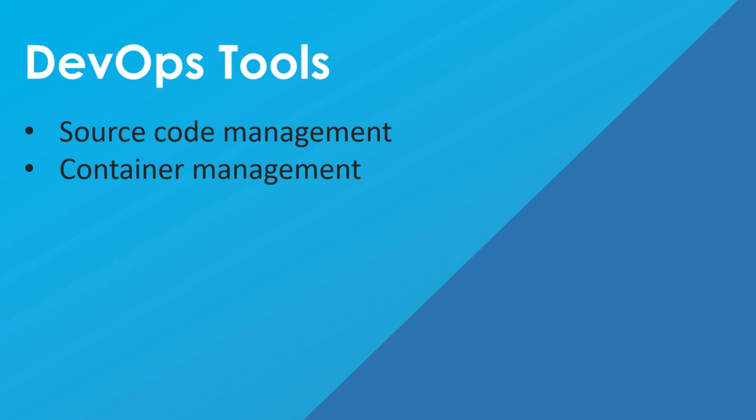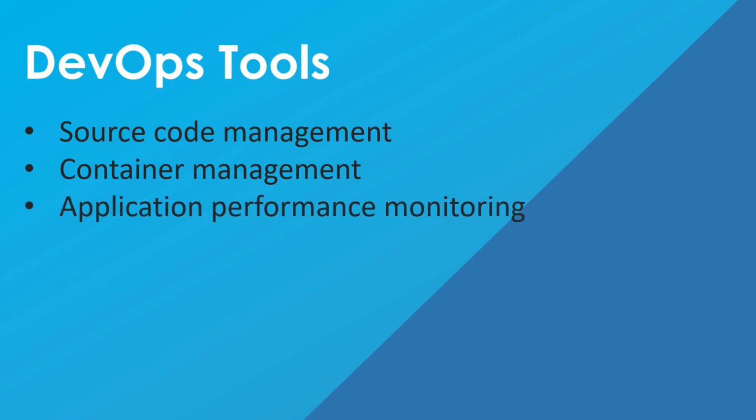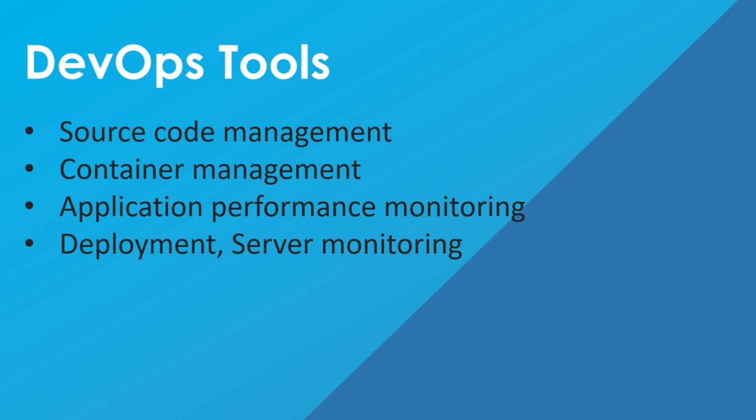After that, we have tools for application performance monitoring, like Prometheus, Dynatrace, and AppDynamics. And then, we have tools for deployment and server monitoring, like Splunk, Datadog, Sensu, and these tools are used on SaaS and on-premises.